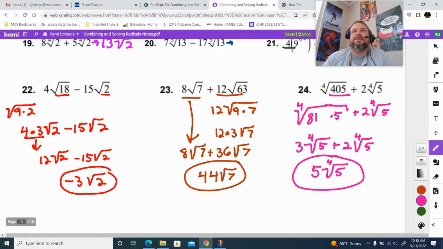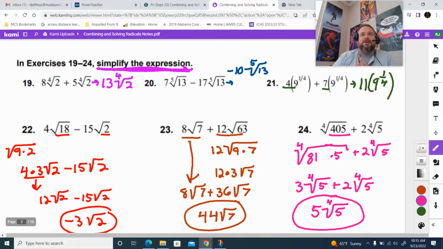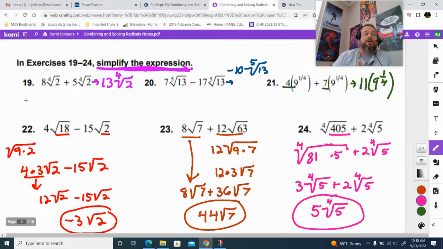Now, I already can hear what some of y'all are thinking, even with my bad ear. We like problems like 19 through 21. We don't like problems like 22 through 24.